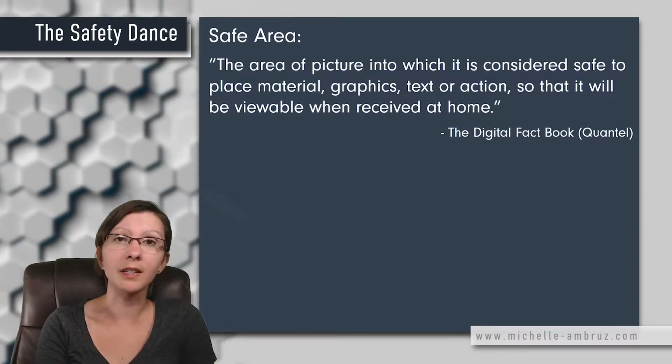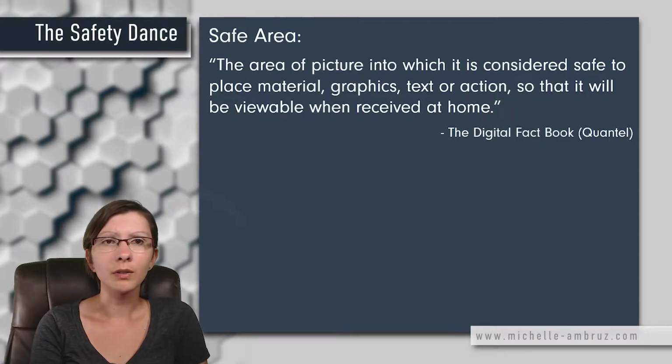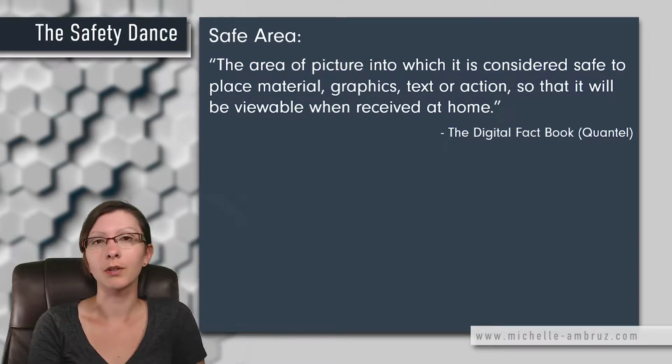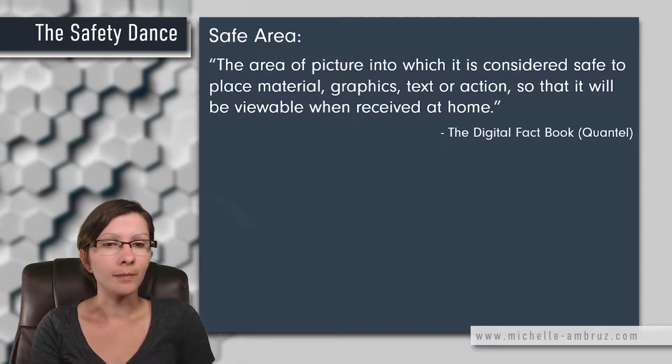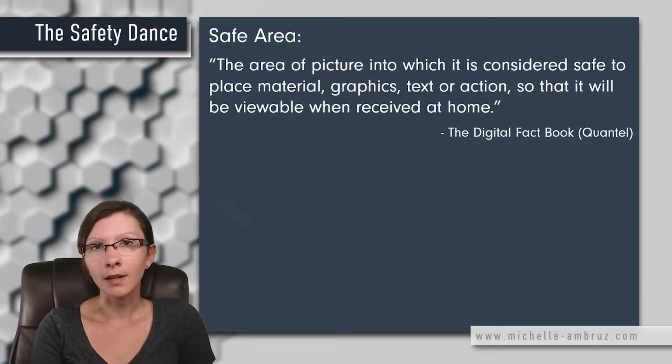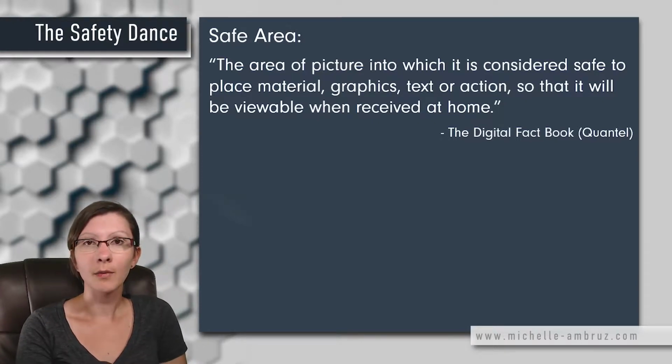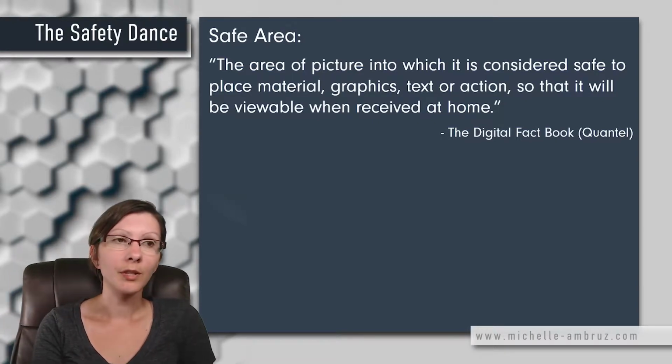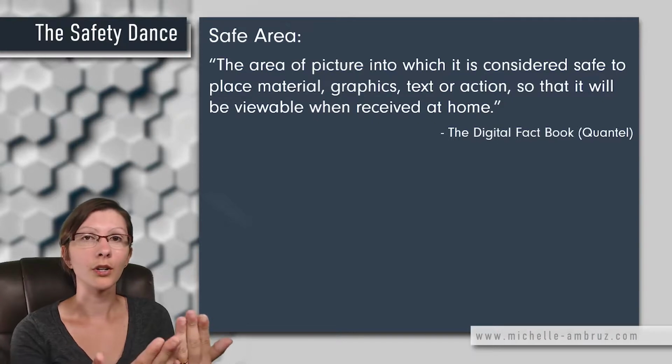So what this means specifically is that especially in the world of analog televisions, which are really no longer, but it still sort of holds today, not all TV sets actually display the same amount of picture, especially TV sets that are more curved.